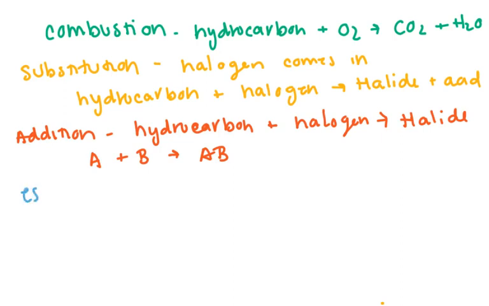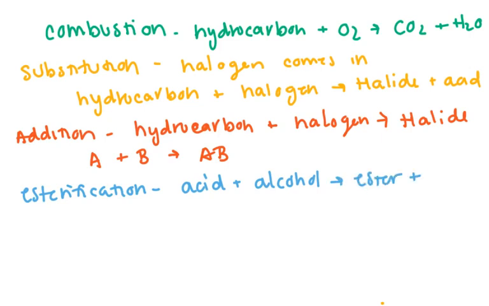Next, we have esterification. And this is an acid plus an alcohol gives us an ester and water. Next, we have saponification. So this is the formation of soap. This is like a little review summary of each reaction for you guys. So produces soap.